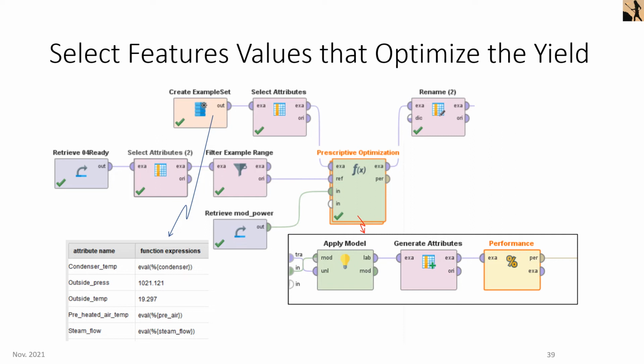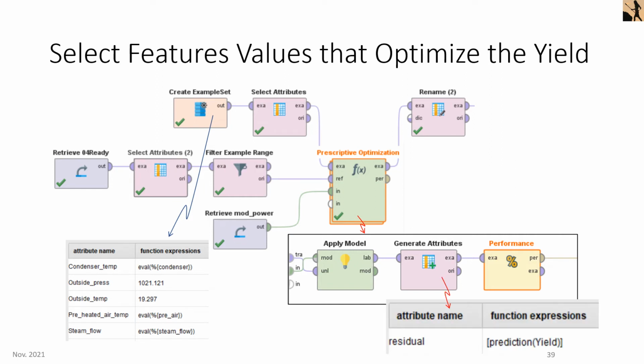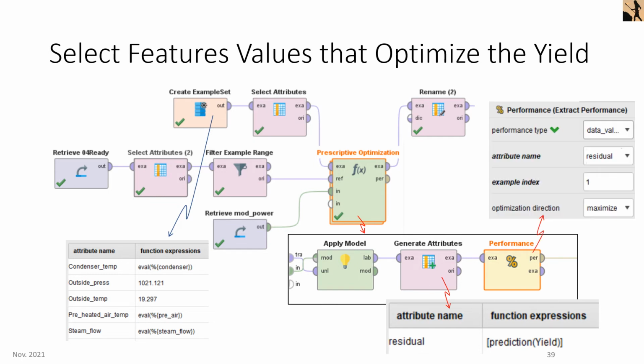In there, we then put in the model, and we will generate attributes and the performance. What exactly they are doing is that RapidMiner is strict on the attribute types. So what we are playing around with is this prediction yield, right? That is a special value. So we just try to rename it here as residual and make it a regular attribute.